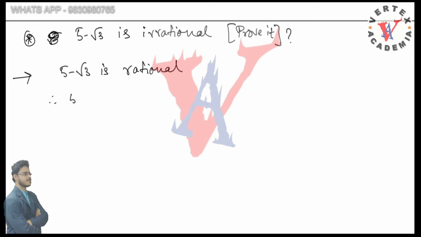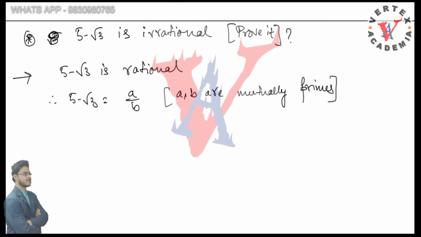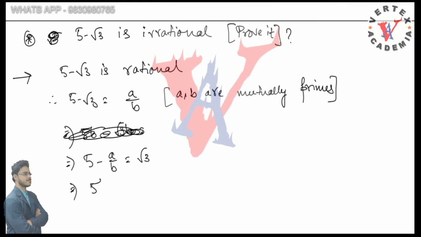So therefore 5 minus root 3 is a by b, where a comma b are mutually prime. So if we rearrange, 5 minus a by b equals root 3, or (5b minus a) by b equals root 3.